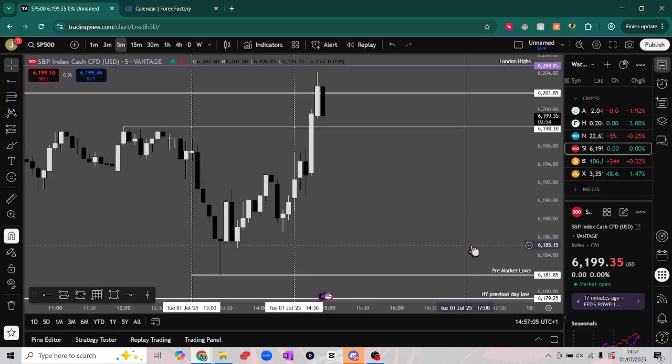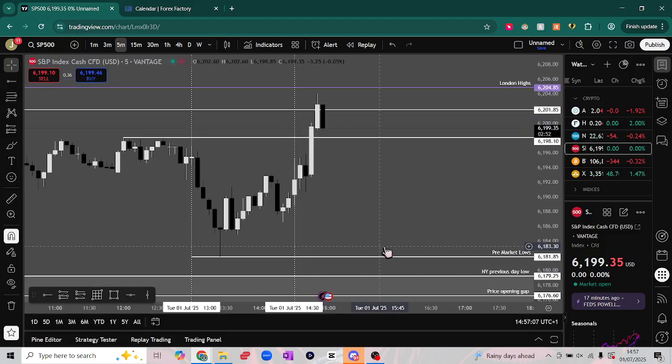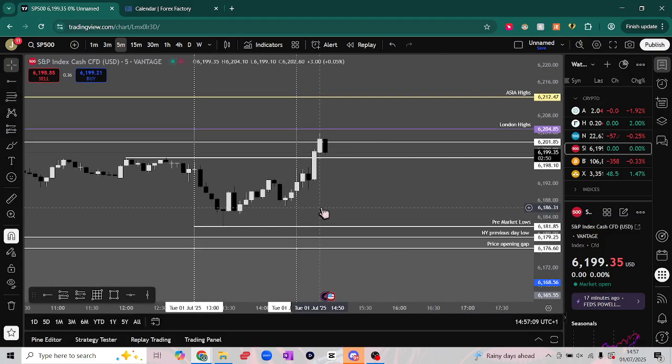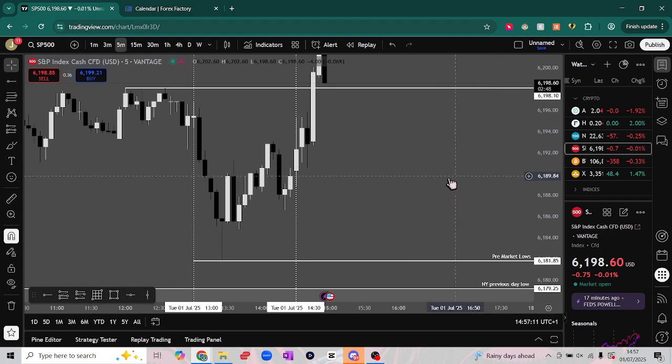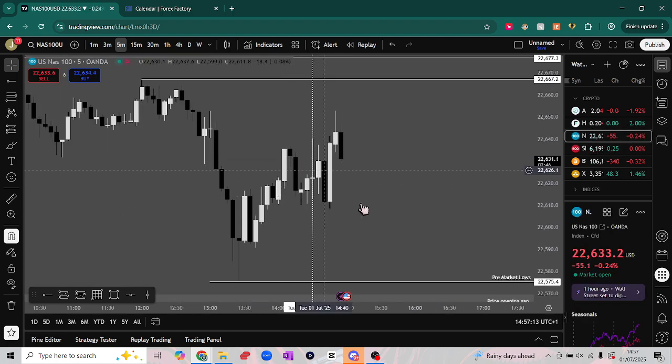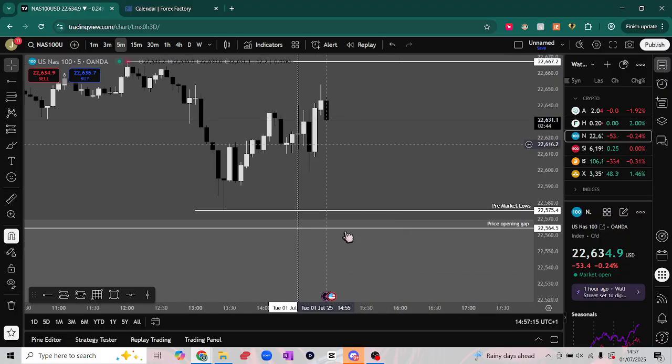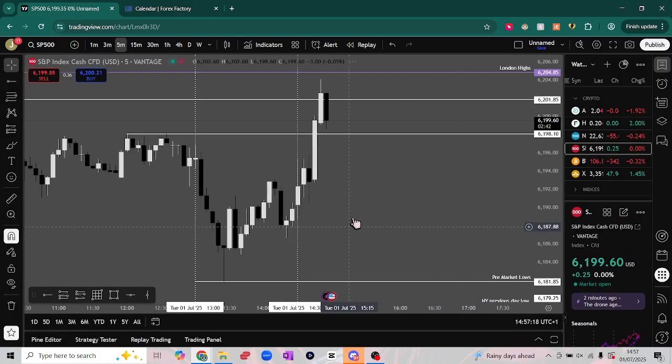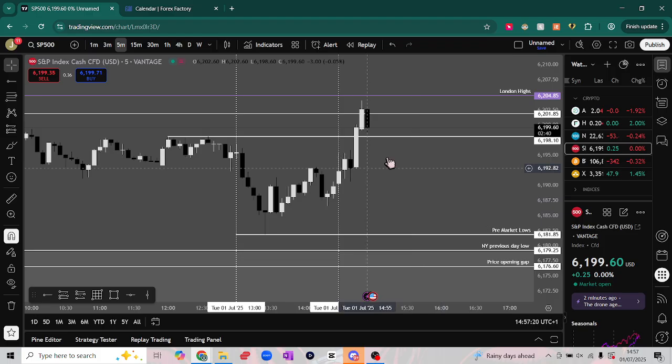News in 3 minutes could easily see us take out all of these lows. Look, because we're climbing down now, and because we've not got that on Nasdaq, we could easily take out the lows on Nasdaq, but stay strong on and show buying power on ES.